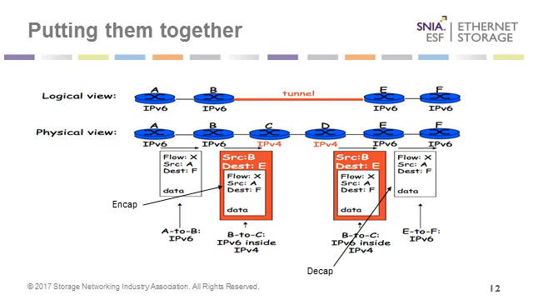So when A wants to transmit an IPv6 packet to a destination of another IPv6, in between, the protocol doesn't support it. For instance, C and D don't support IPv6, they're IPv4 only.